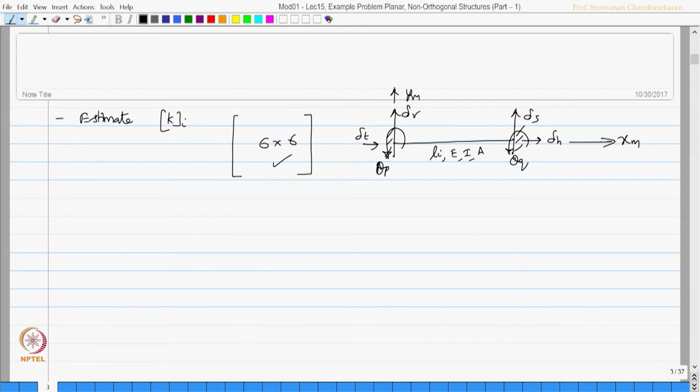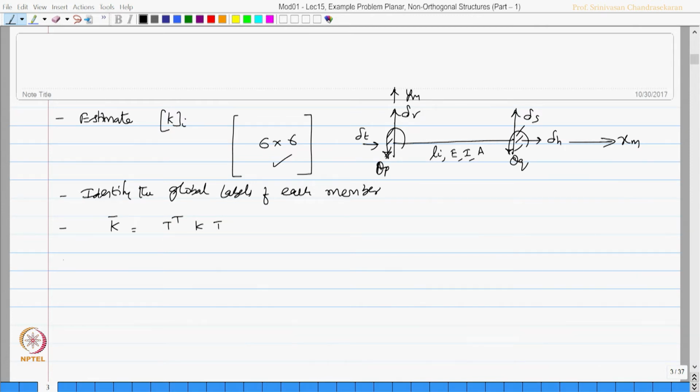Also identify the global labels of each member. Okay, that is very important. Once we have done this, then K global of each member will be T transpose K local T, because the transformation matrix of each member is now known to us.